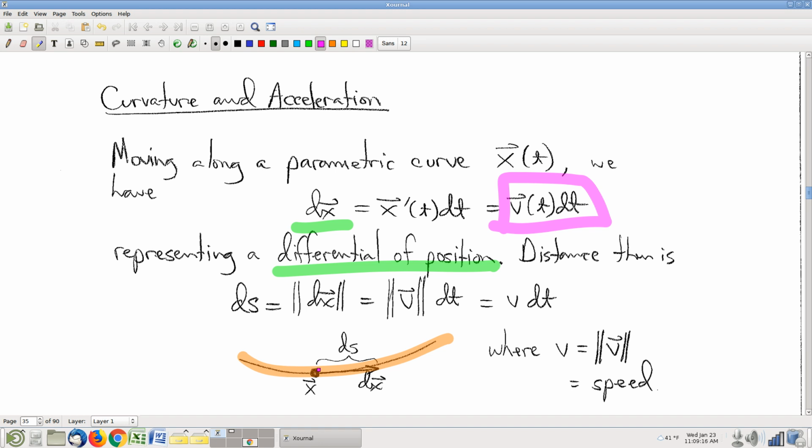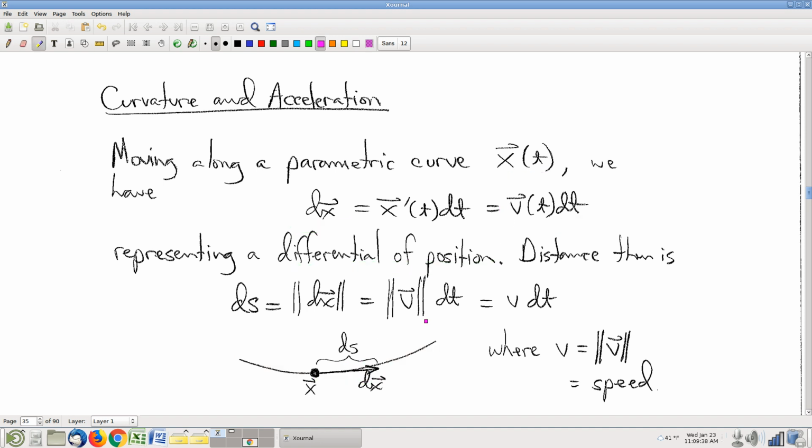And I think that's extremely plausible. If at this point you know what your velocity is, and you multiply by some amount of time, that would give you an estimate of how you displace over that amount of time. It's not the actual displacement, but it's your linear estimate of displacement.